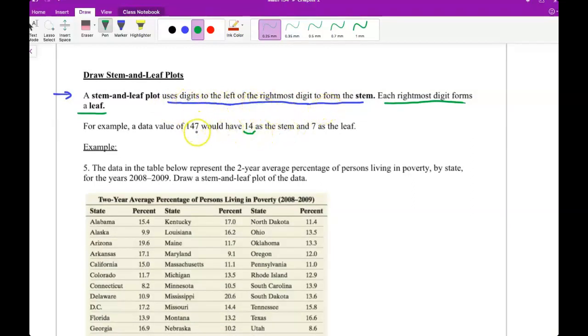The 7 is the rightmost digit, and these are the digits on the left.